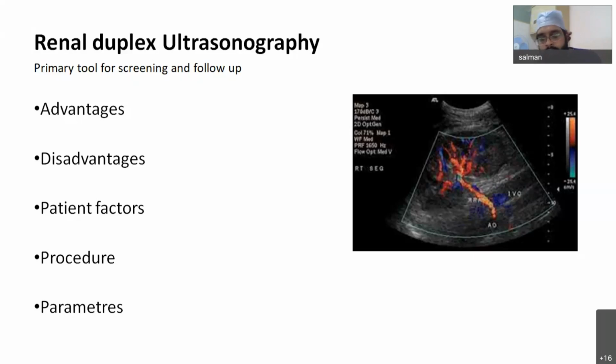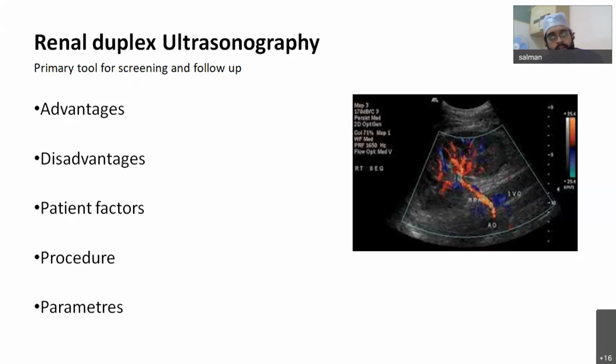So basically, in many centers, the cutoff for renal arterial stenosis is around 60%. So they basically speak in terms of greater than 60% stenosis or less than 60% stenosis. A peak systolic velocity of greater than 200 centimeters per second along with post-stenotic turbulence is usually taken as a cutoff value for a greater than 60% stenosis.